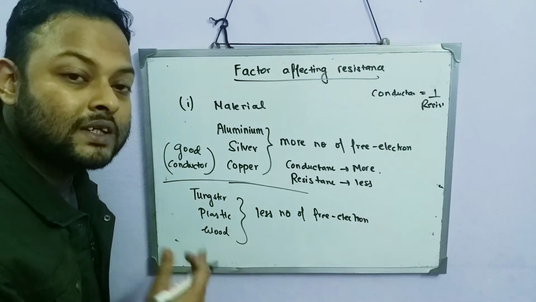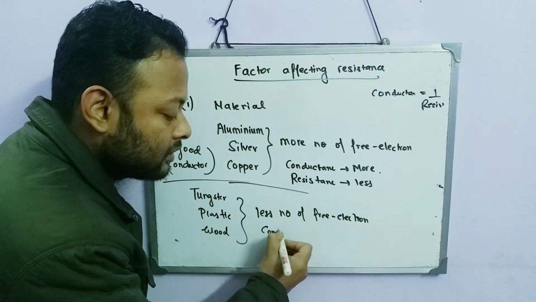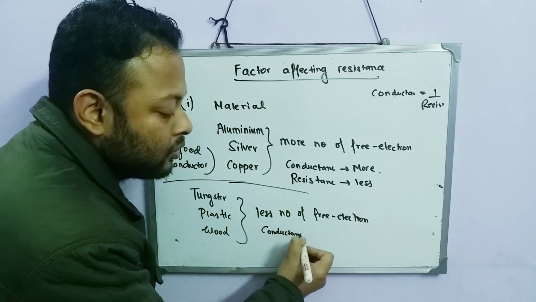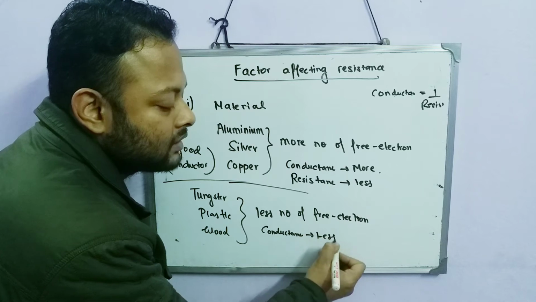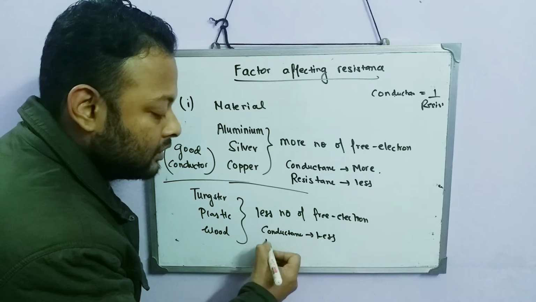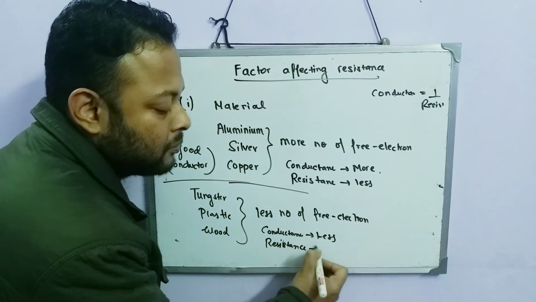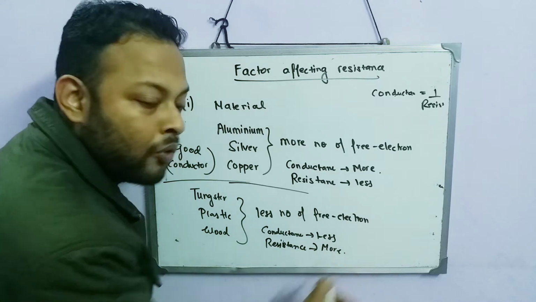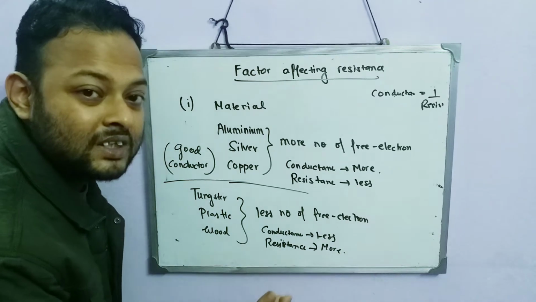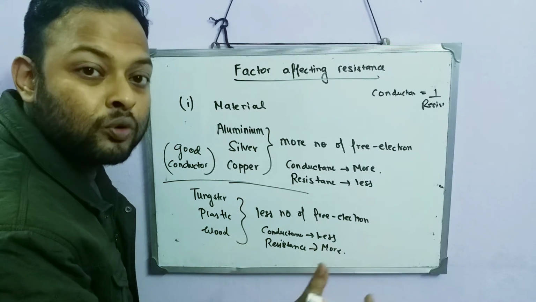Now if they have less free electrons, the conductance will be less, and if their conductance becomes less, the resistance becomes more, so they offer more resistance and won't let the current flow smoothly.